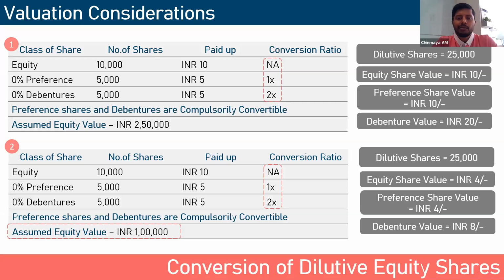Yes, once it is compulsorily convertible by statute, there is no way to retain it as a preference share. Only to the extent of annual dividend, it is preference shares. Except for this dividend, because of the very nature of compulsion, there is no other way than to look at it as an equity share.